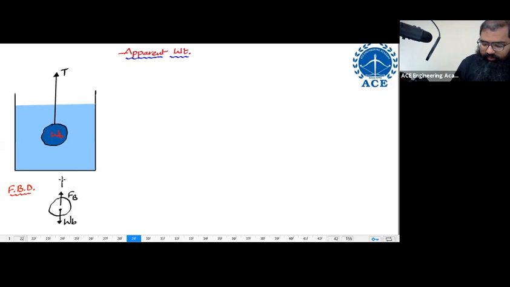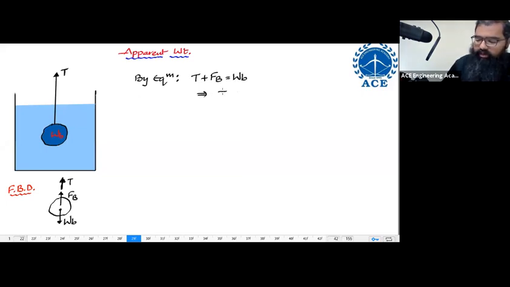Apart from this, I have one more force upward, that force is tension. So by equilibrium, the value of tension plus FB has to be equal to the weight of the body, which implies tension has to be equal to weight of body minus FB. I hope this is very clear to everyone. This is perfectly all right, I believe.